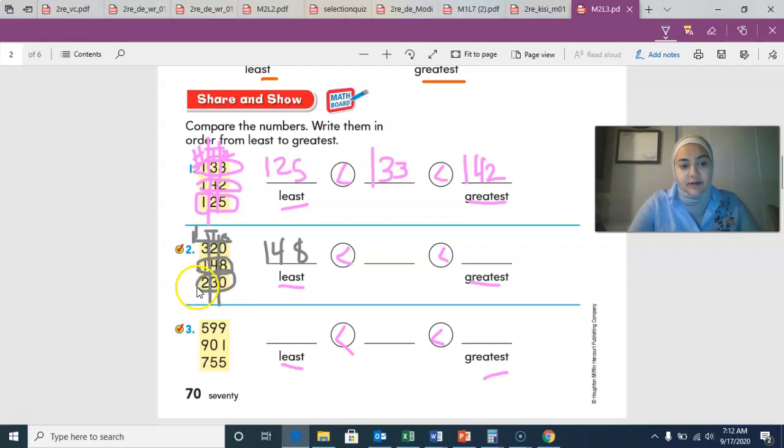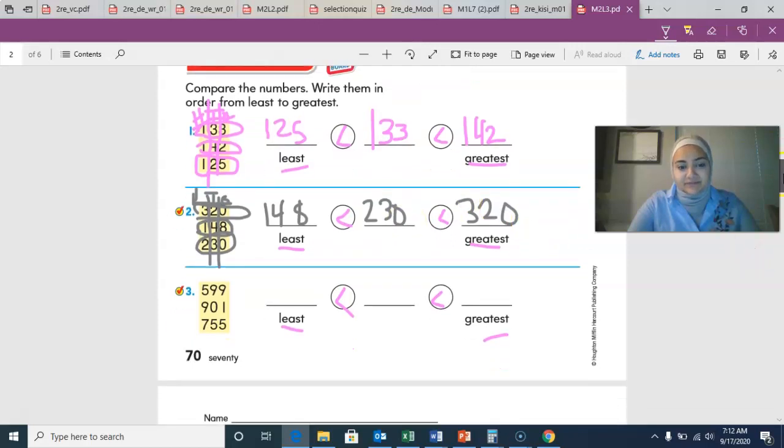So 230. And then what is the greatest number? The greatest number is 320. Plug that in there. So now just to go back and make sure it's correct, 148 is less than 230. 230 is less than 320.